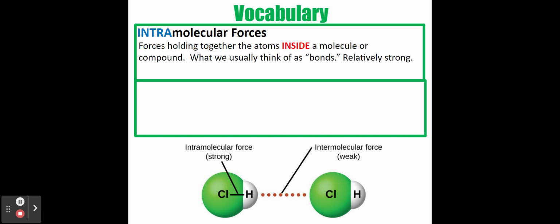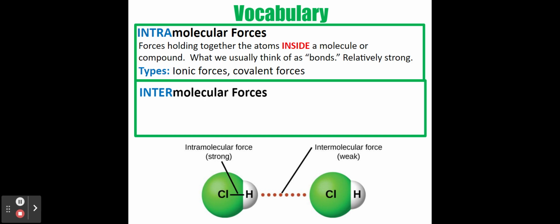So these are the forces holding together atoms inside a molecule or a compound. These are what we think of as bonds. So these are going to be relatively strong, and the types that we've talked about before would be ionic bonds and covalent bonds. So those are examples of intramolecular forces, because the ionic bonds and covalent bonds are what hold the atoms of a molecule or compound together.